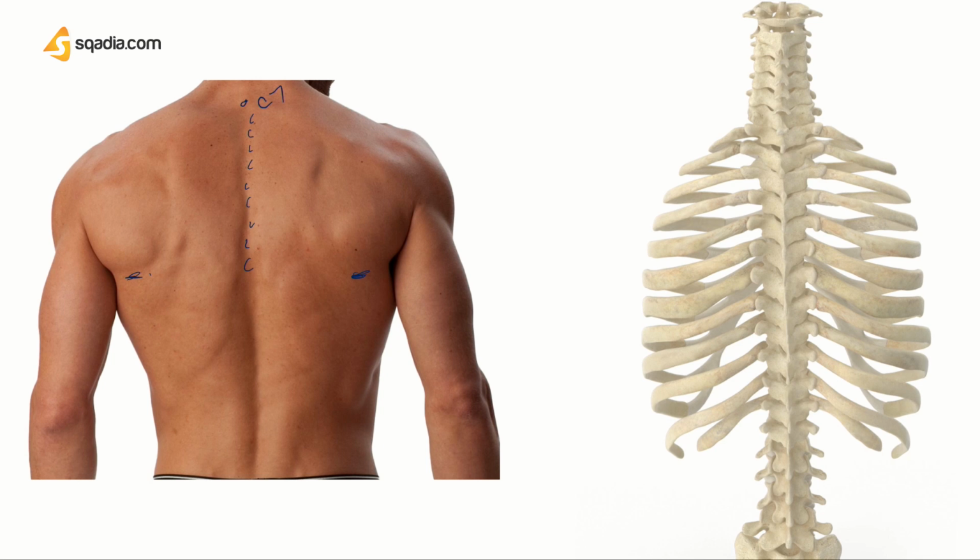So if you're using the scapular line, you know it's crossing through T8. Wait, how much is that? 1, 2, 3, 4, 5, 6, 7, 8. Sorry, I made an extra one.